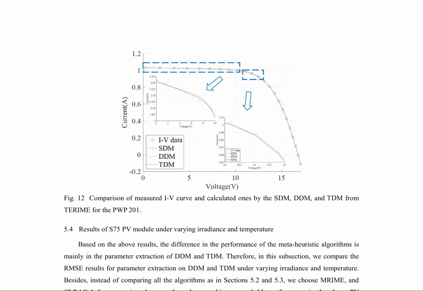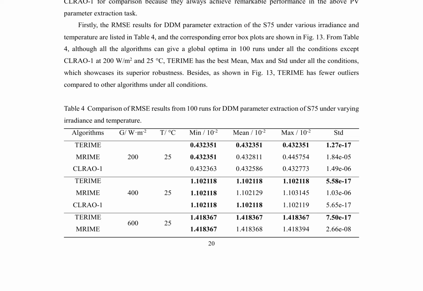This comparison highlights the performance differences between meta-heuristic algorithms, particularly in parameter extraction for DDM and TDM. To further analyze this, root mean square error, RMSE, results for parameter extraction on DDM and TDM under varying irradiance and temperature are presented.